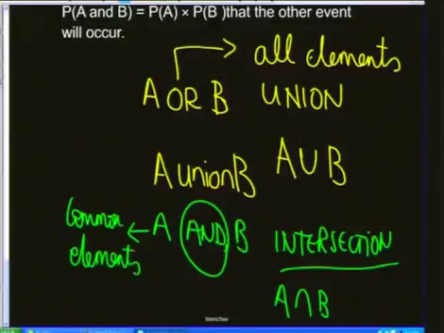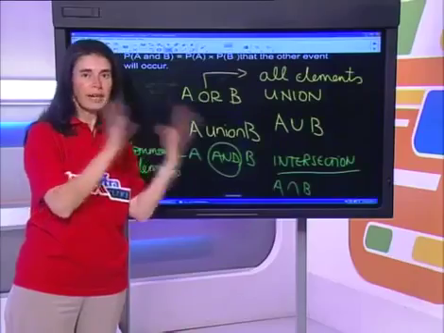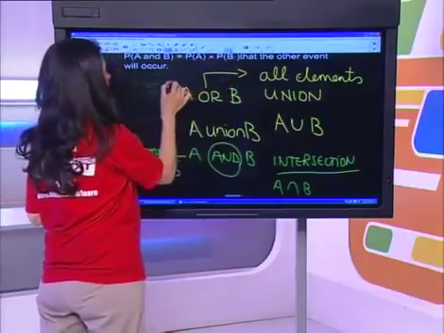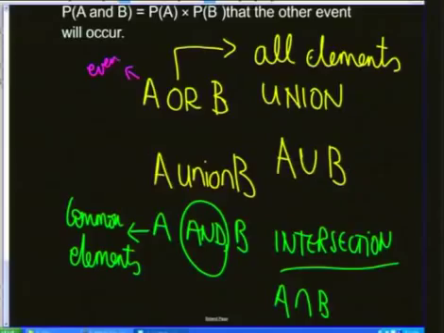Okay, so let's set A to be the set of even numbers, and let's set B, let's just write it down here. If A was the even numbers, and this were the odd numbers, then the union of all the sets would be all your natural numbers, for example.